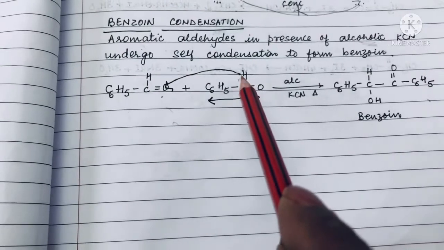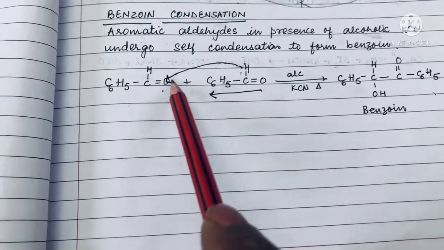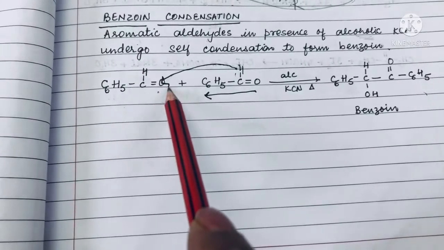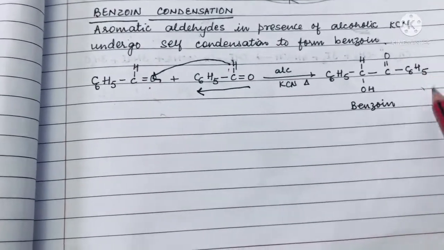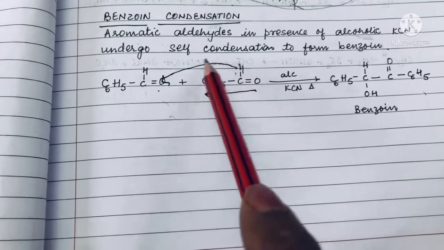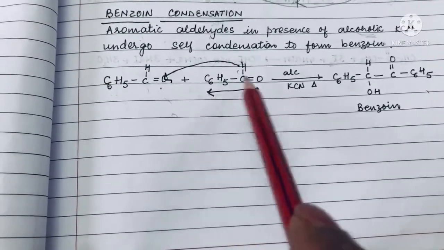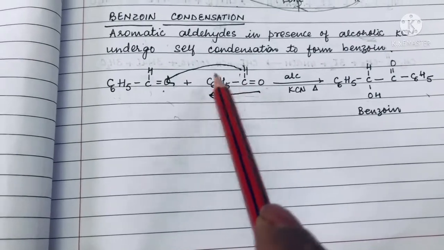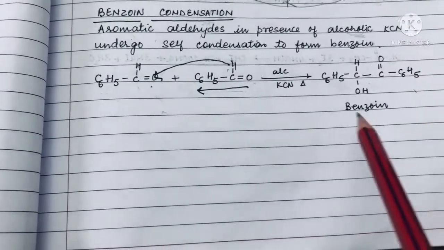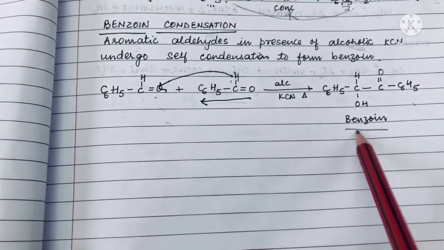So I have shifted this hydrogen atom here. So starting from C6H5CH, this O has changed into OH, so I've written here OH. Then since I had shifted from here, I'll have to write this way. C double bond O first, then C6H5. This is known as benzoin.